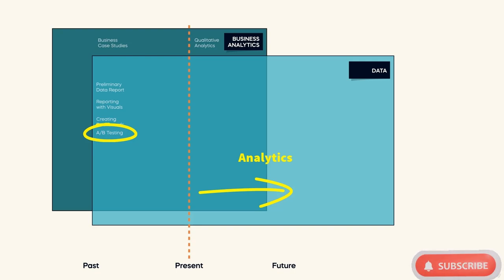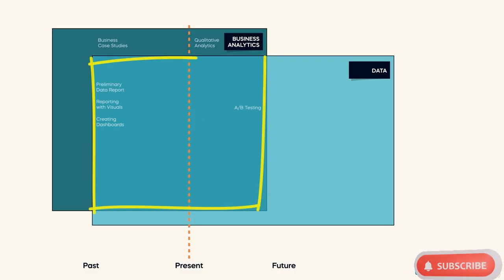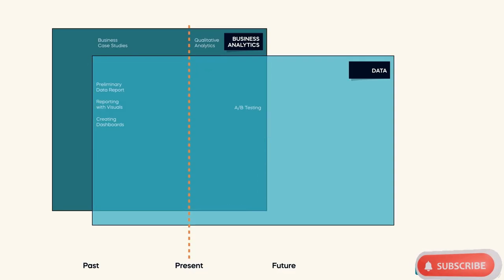So we can move A/B testing to the right of the bold dashed line, ensuring it remains within the intersection of business analytics and data. Great. Again, it is common practice to use the encompassing term data analytics to refer to both the analyses and analytics. While we know what the terms mean now, to keep things simple, following the standards of other business professionals is a good idea. Okay, good.